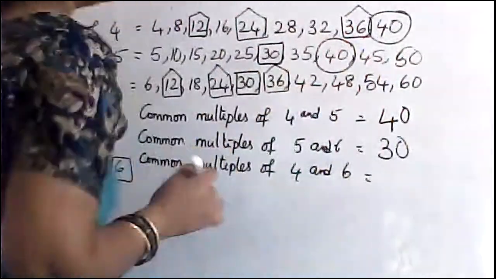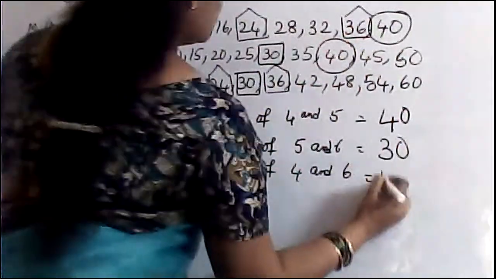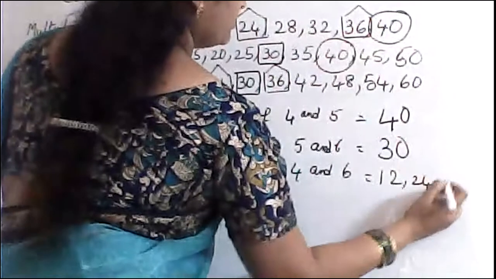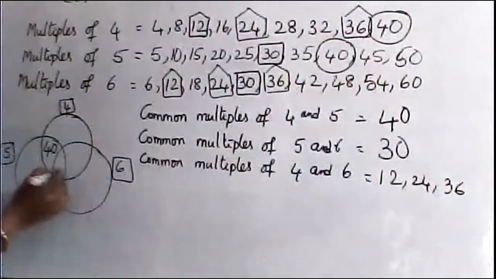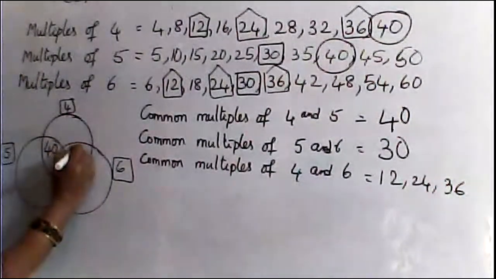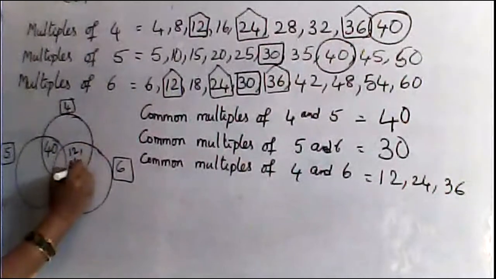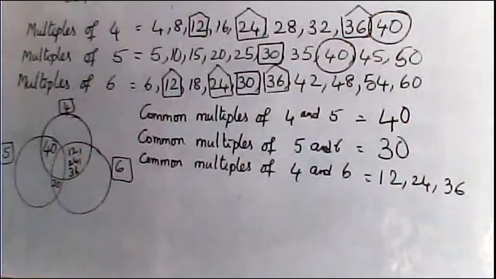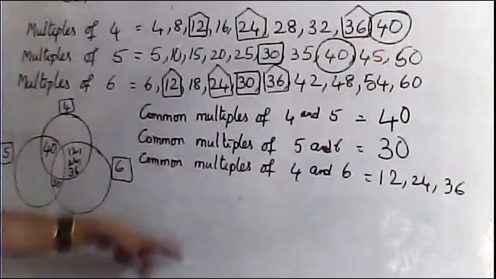Any other? No, ma'am. So here we have to write for 4 and 6: 12, 24, 36.